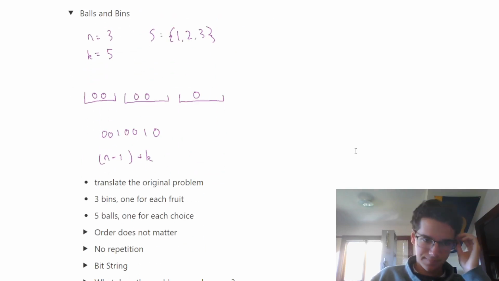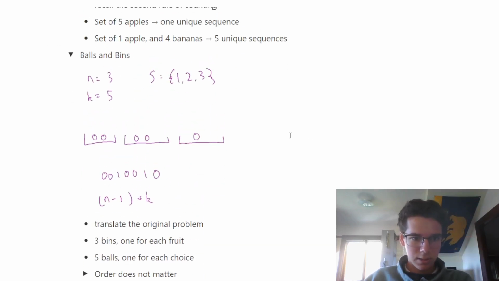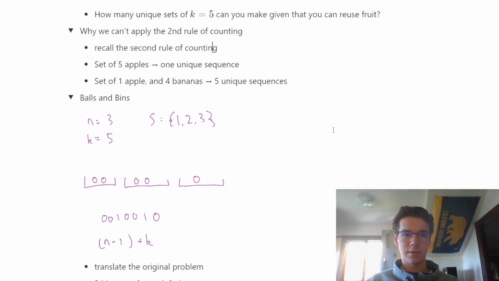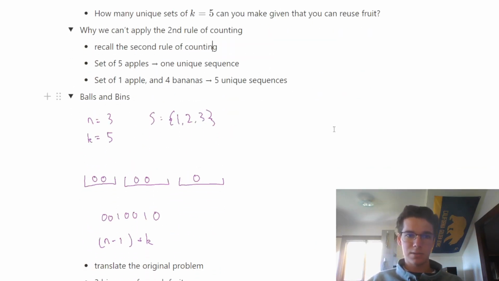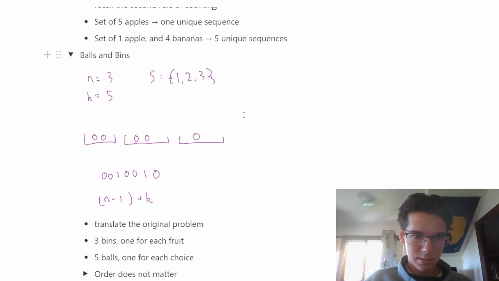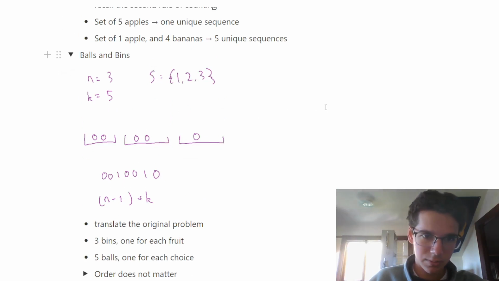They're not going to be subsets. So basically what we're going to reduce this down to is 3 bins, where each bin is a different fruit, and then 5 balls, where each ball represents a slot in that set that we are trying to build. And we're just going to disperse those 5 balls amongst the 3 bins.